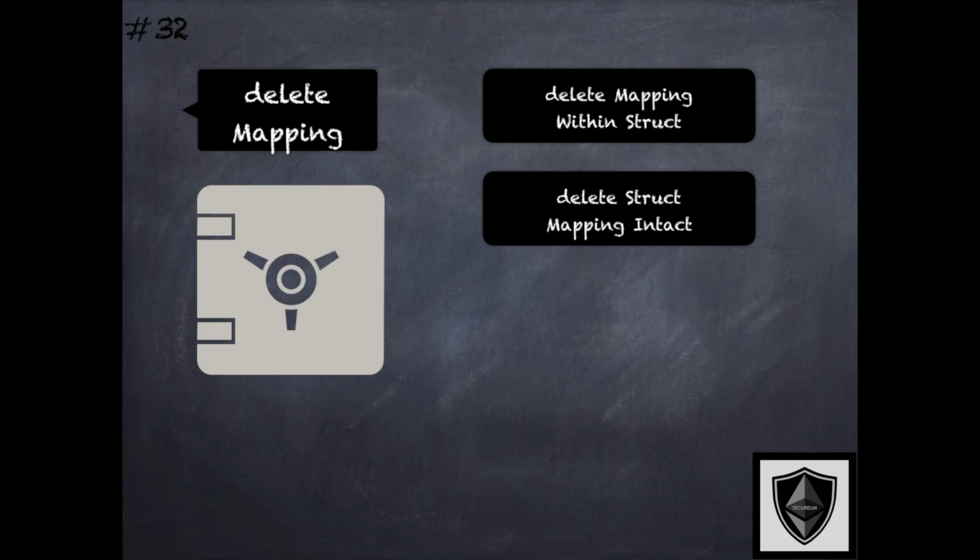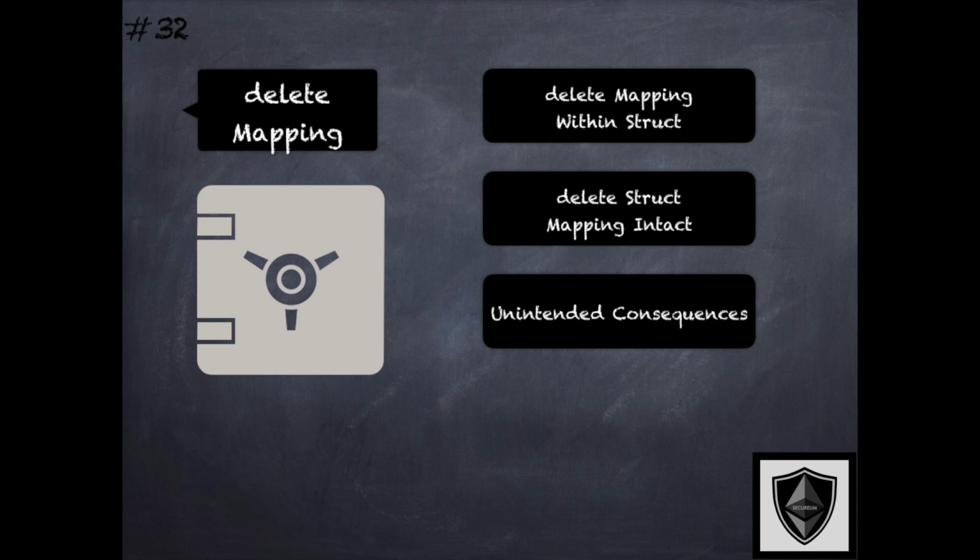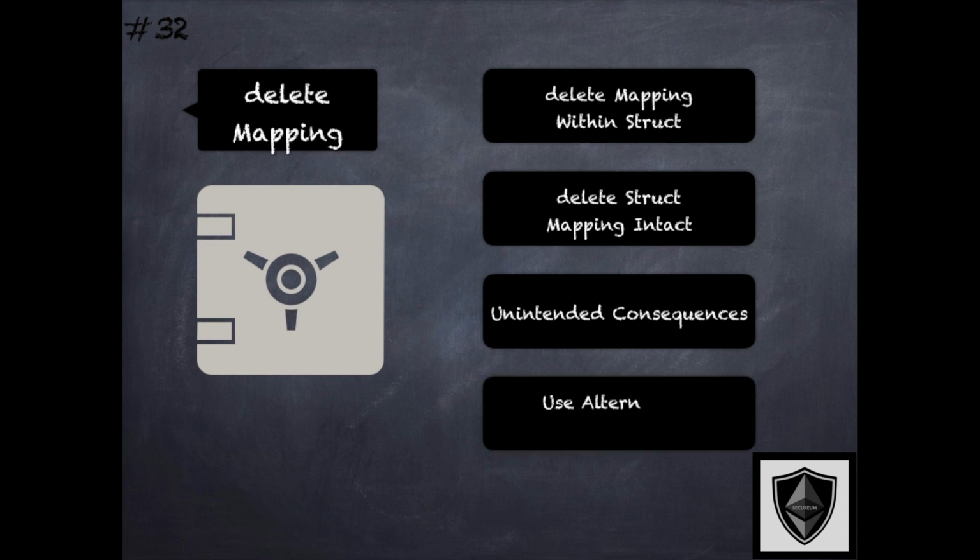So this is one of Solidity's behaviors that needs to be kept in mind, and that can have unintended consequences if the developer assumes that the mapping field within the struct also got deleted and reinitialized to its default values. The best practice is to use an alternative approach, such as considering the data structure that is meant to be deleted as being locked to prevent future logic from using the data structure or the mapping fields within that data structure.